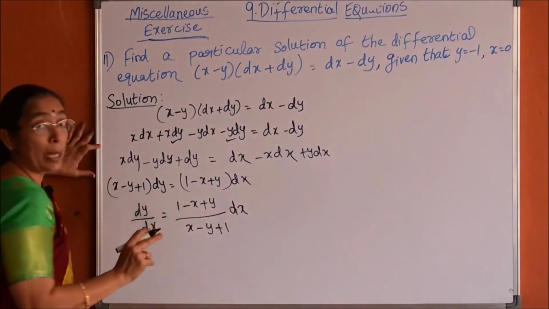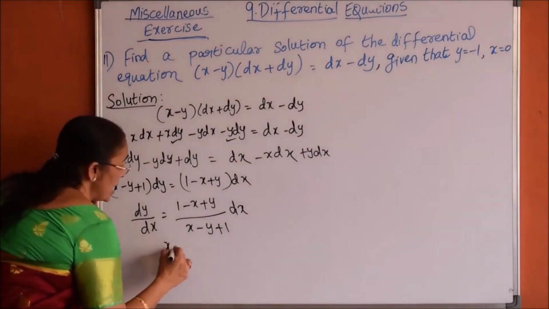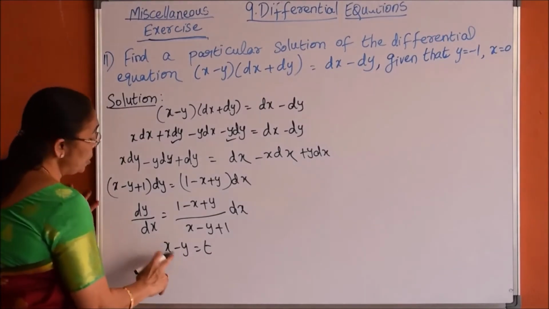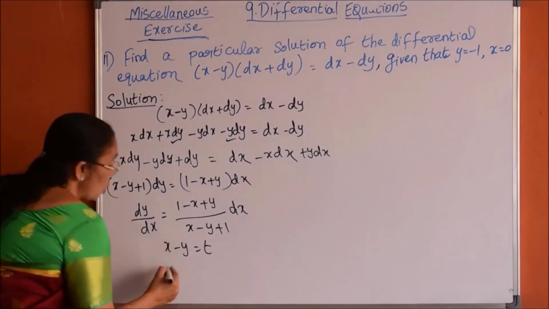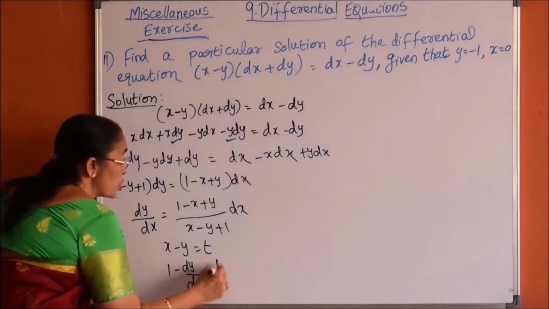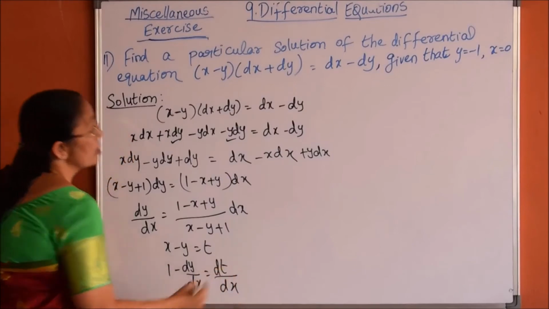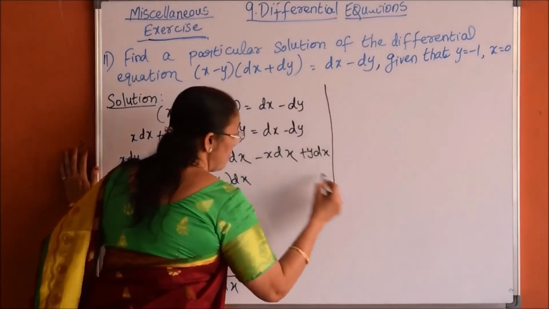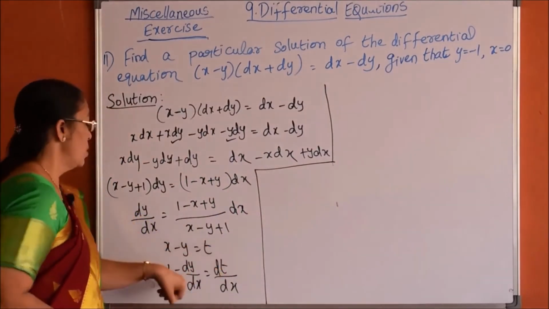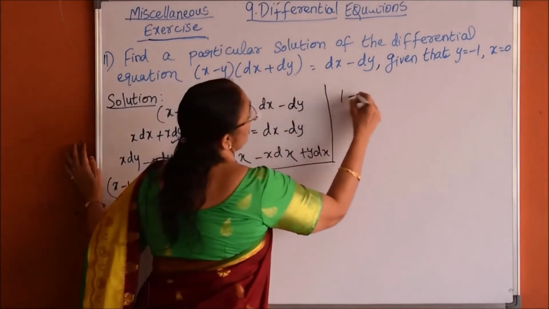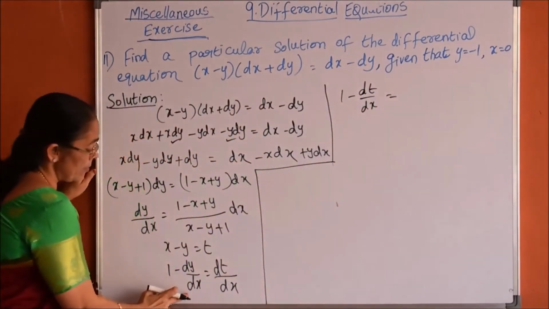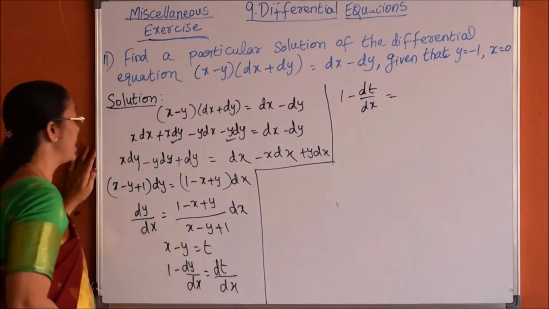Now, we will substitute x minus y as t, and we will differentiate with respect to x. So, 1 minus dy by dx is equal to dt by dx. Now, replacing the terms, dy by dx is equal to 1 minus dt by dx.